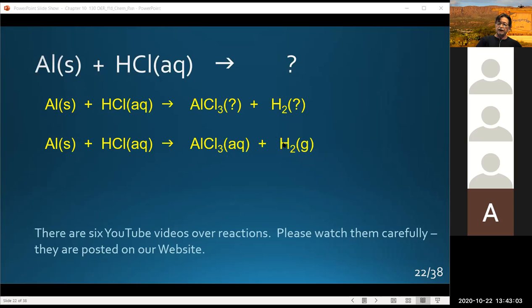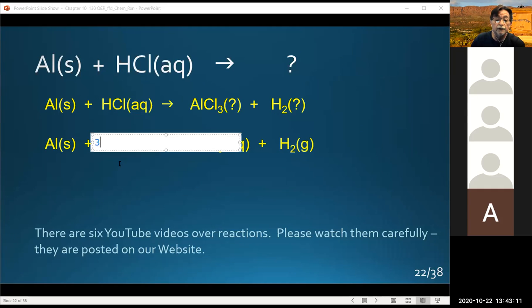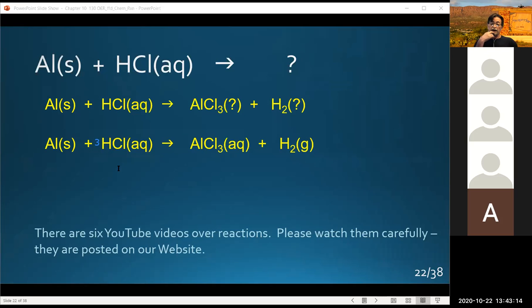Doesn't that increase my chlorides? If I put a 3 right here, doesn't that balance my chlorides? Yeah. But then I have a problem here, because now I have 3 hydrogens on the left and 2 on the right.